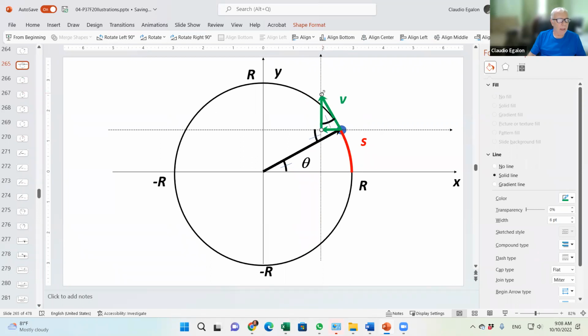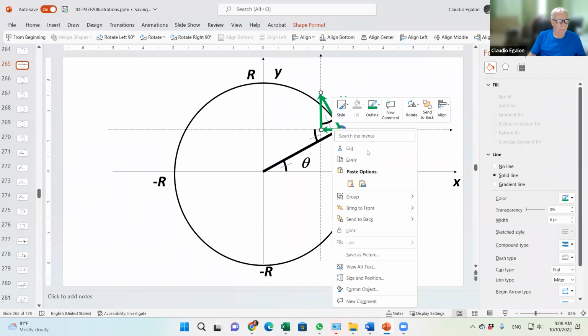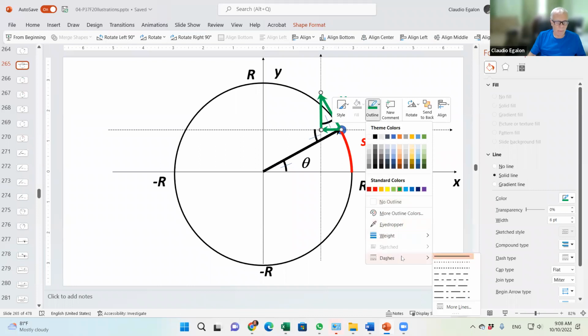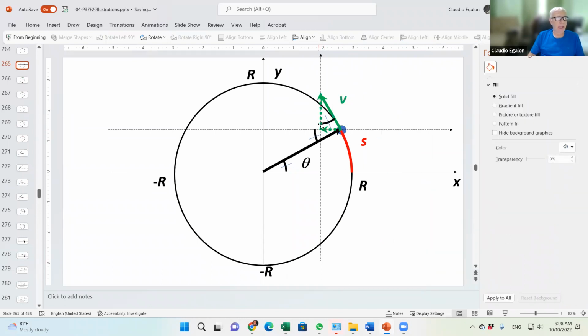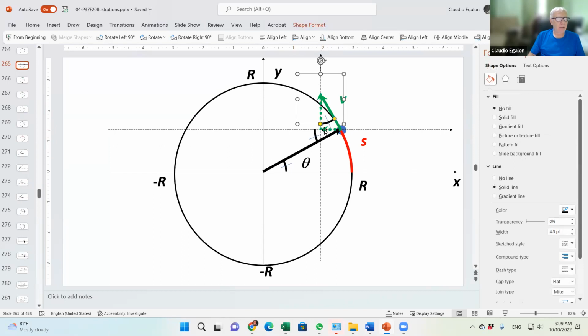And I'm going to dash those. That's Vx, that's Vy. The Vx is going to be negative because it's pointing to the left. The Vy is going to be positive because it's pointing upwards. So here we have minus V sine of theta, because the x component is opposite to the angle theta.